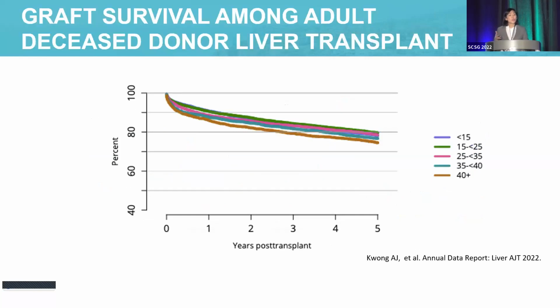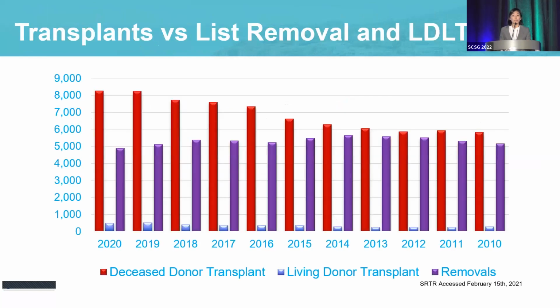And how are patients doing once they get transplanted with very high MELDs? Their graft survival is lower. So those who have MELDs of 40 and greater at the time of transplant, their graft is not surviving at the rates of someone who's transplanted with MELDs of less than 25 at 5 years. So how do we really bridge this gap of high demand, low supply?